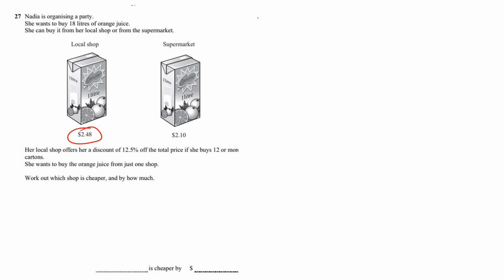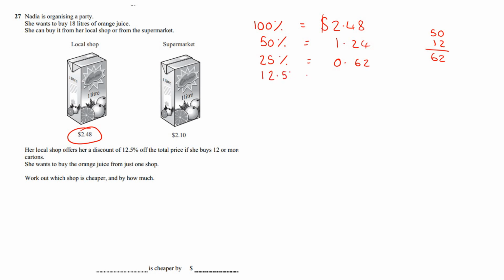So let's take a look at the local shop. Well, 100% of the price is $2.48. So that would mean that 50% of the price would be $1.24, which would mean that 25% of the price would be, well, it's going to take us a little bit of time to work that out. So we've got half of $1 is 50, half of 24 cents would be 12, so that would be 62 cents. Now half of 25 is actually 12.5%.